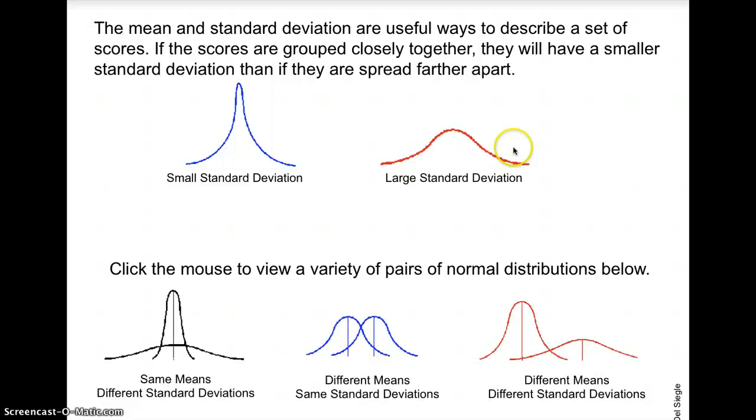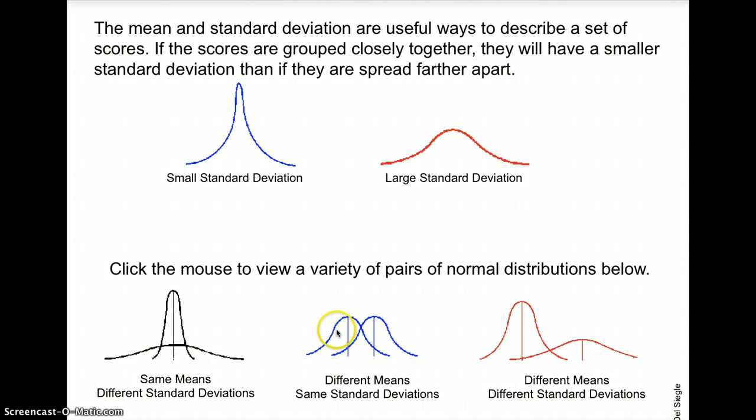So in this case, down here we have two different data sets. The first one looks like this, and the second one looks like this. The first data set has a pretty small standard deviation, and the second has a very large standard deviation, but they have the same mean value, meaning that the middle of the graph, the average value, is the same in both.